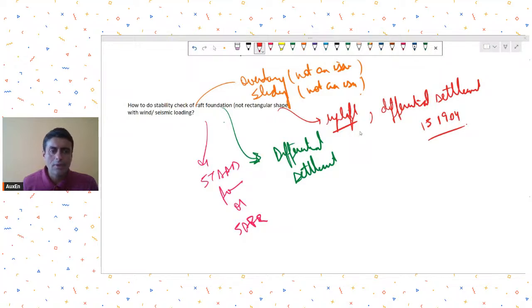Other than that, I don't think any other specific stability checks are required, especially for rafts of buildings, because as I told you, these will not have problems related to uplift or sliding. Okay, all right.